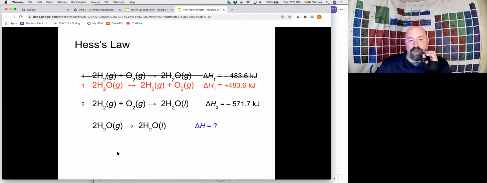And so in these Hess's law problems, you can cancel out anything that appears in your given equations as a reactant and a product. And so in this case, we have 2H2 as a product in equation 1. It is also a reactant in equation 2.